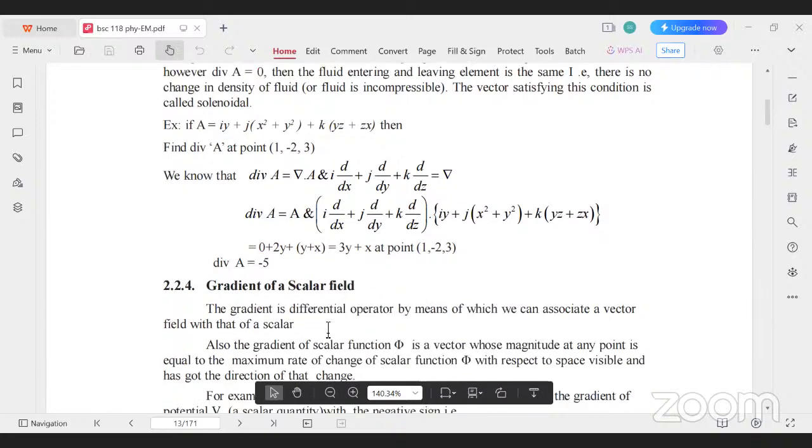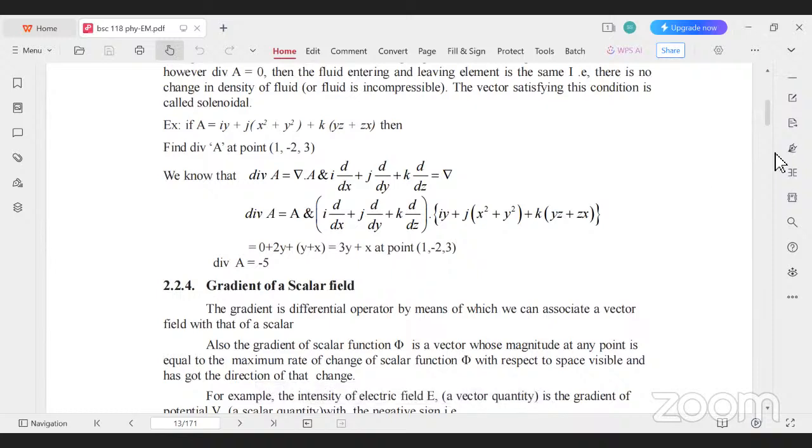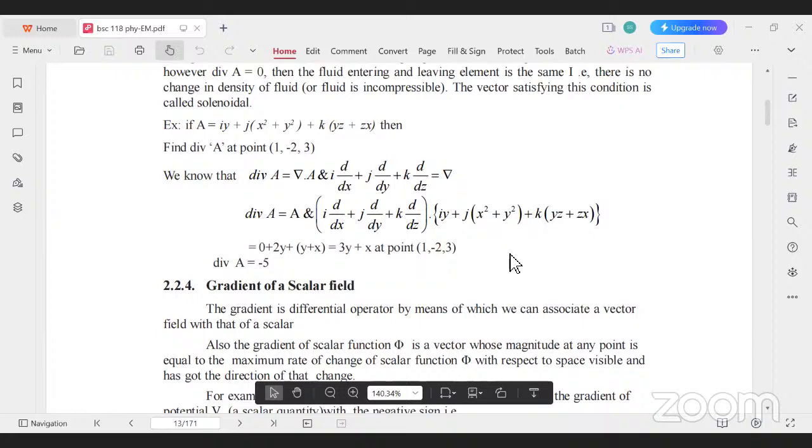Here they have given how we can calculate the divergence. You can take the values of 1, -2 and 3. Simplify it in this equation and you'll get the divergence of A as -1.